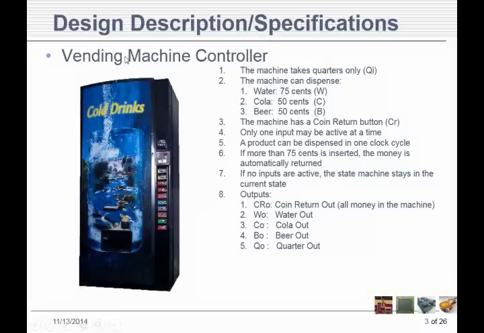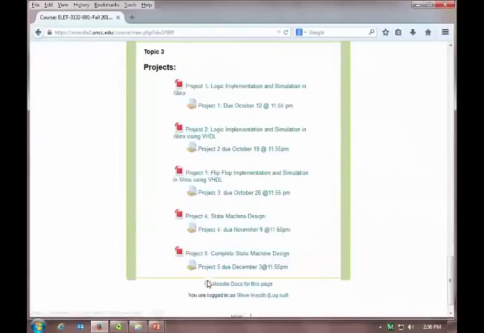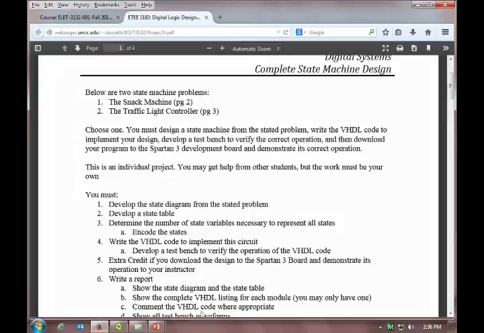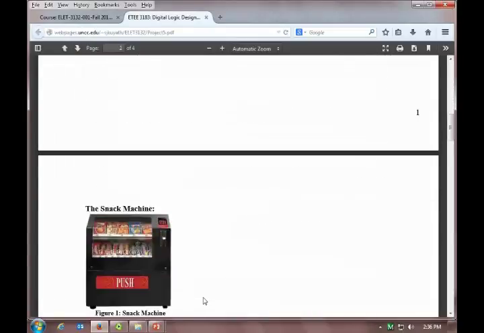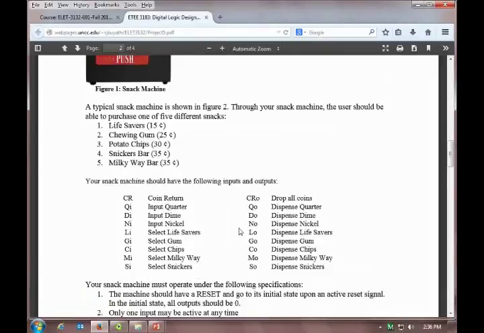Okay, here's our machine. Here's a design description. It takes quarters only. Again, most people take this one because it's better defined. This one accepts nickels and dimes and quarters.